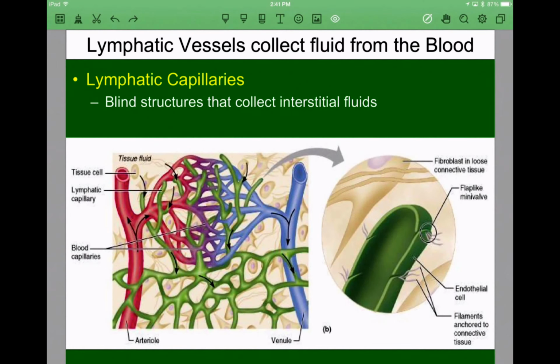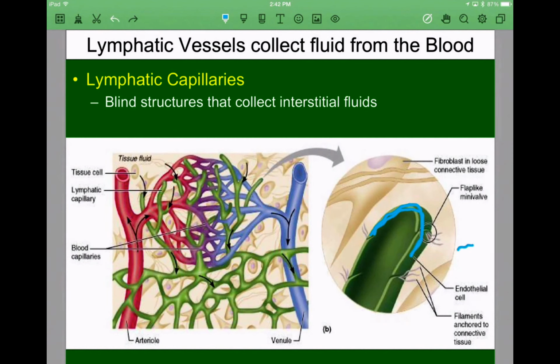Really good shot here of the lymphatic capillaries doing the job of getting into the capillary network, into the exchange system, and doing the intercepting. So I really like this one. They refer to the lymphatic vessels here as being blind, and I'll tell you what they mean. They mean that the ends are rounded like this.